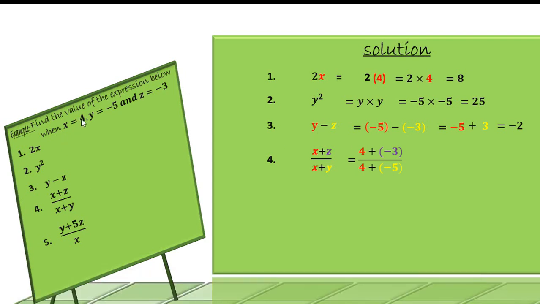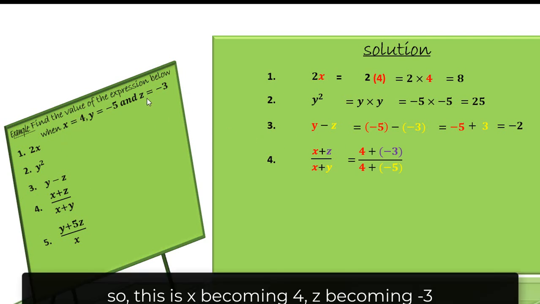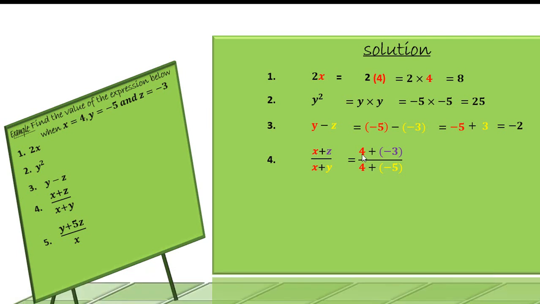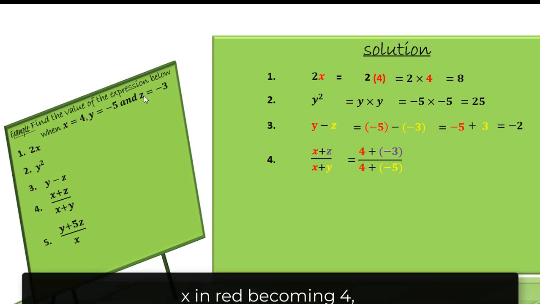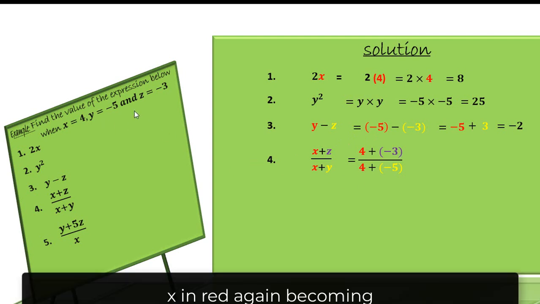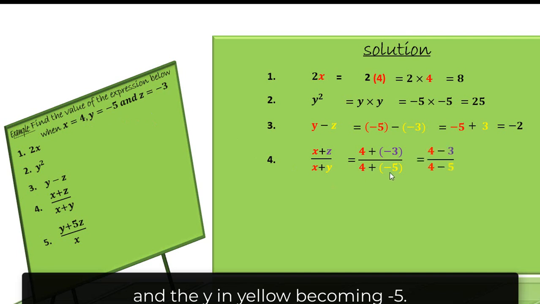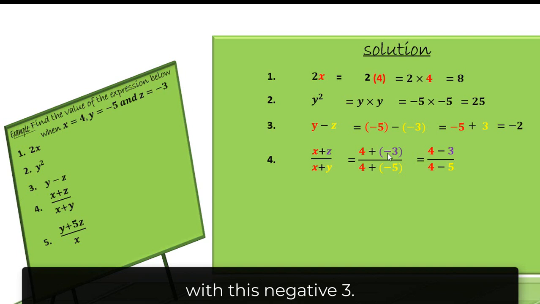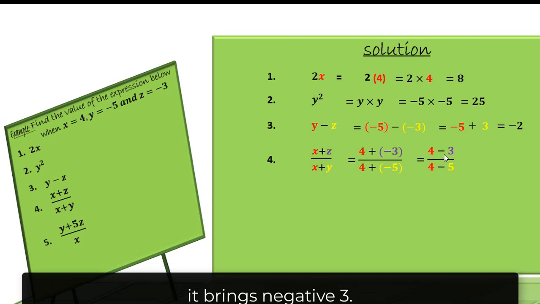This is x becoming 4, z in purple becoming minus 3, x in red again becoming 4, and y in yellow becoming minus 5. So, we have this. So, you see, this is 4, this is 4. I simplify this positive with this 3, so this is negative 3, and it brings negative 3.